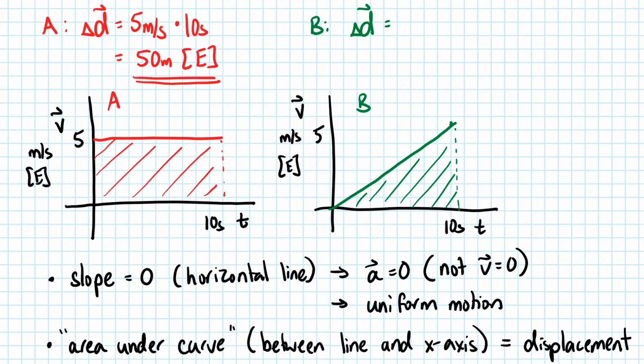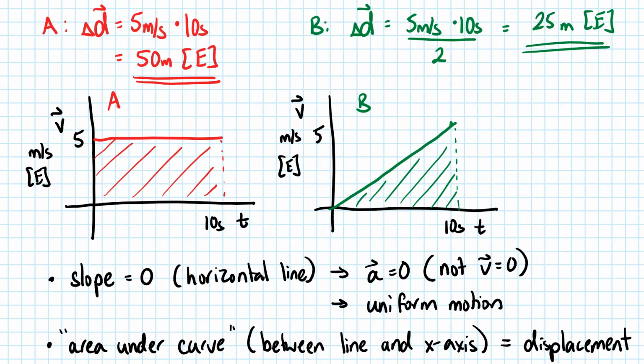Your height is also 5 meters per second. The base of the triangle is the 10 seconds. So 5 times 10, and then you divide by 2. That equals 25 meters. It's a positive 25, so you're going 25 meters to the east.